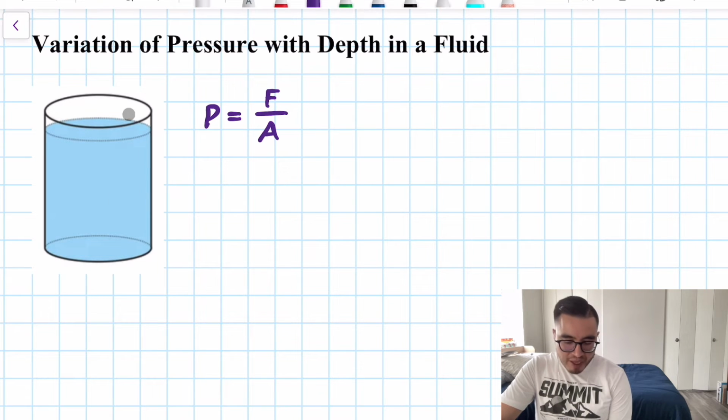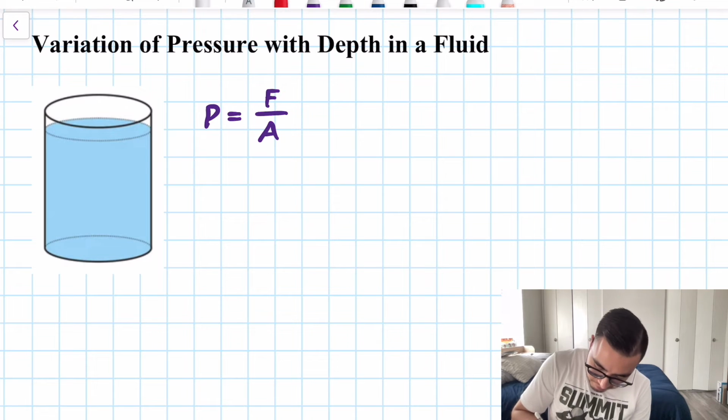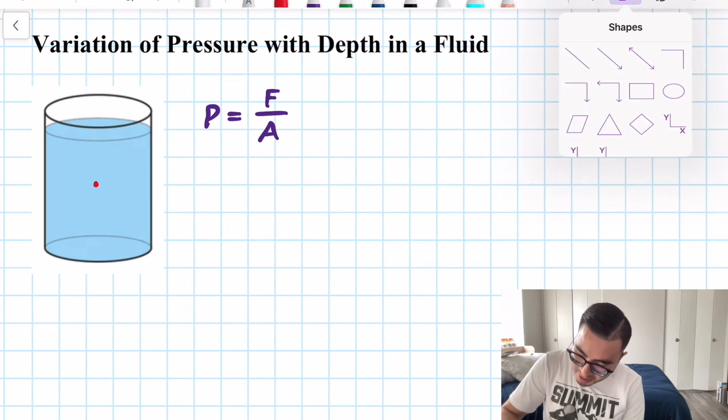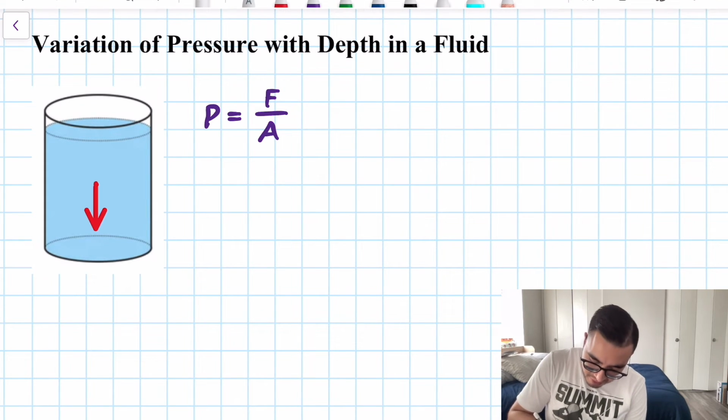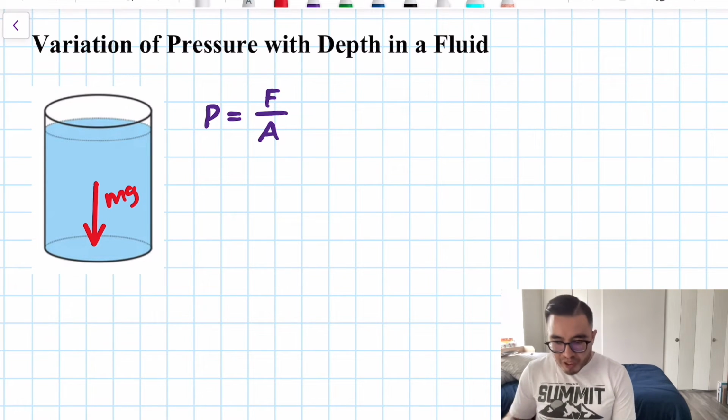Well, the force being applied is going to be the weight of the water, the mass of the water, times the acceleration of gravity. Just call that mg. And then, well, this force is being applied perpendicular to the bottom of this container, okay?